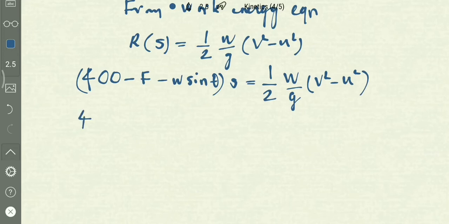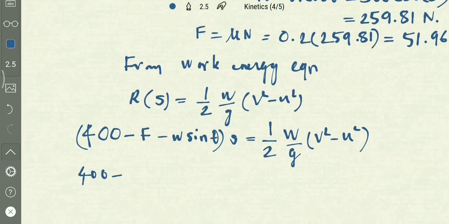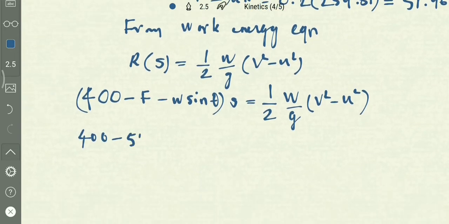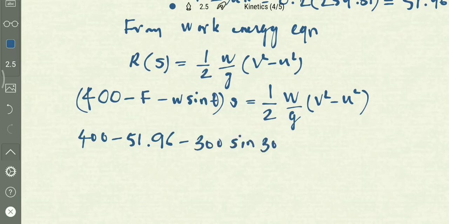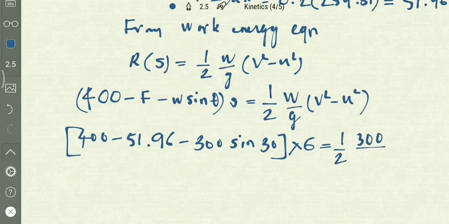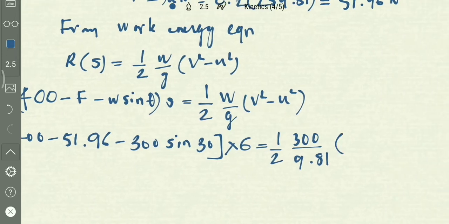So 400 minus what is F? 51.96, minus W is 300 newton into sin theta, 30 degrees, into the distance traveled 6 meters, which is equal to half into weight 300 and acceleration due to gravity 9.81. Here it is v square minus initial velocity 1.5 square.